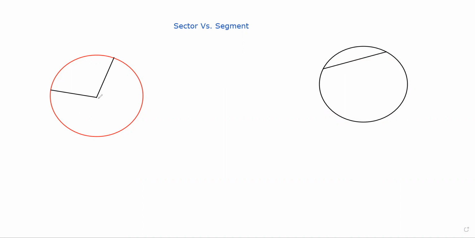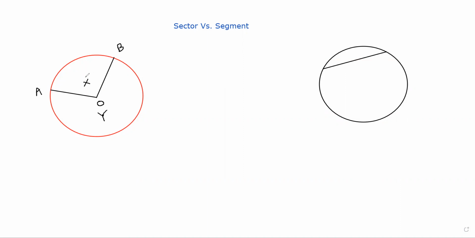Okay, guys, let's discuss the difference between a sector and a segment. If you look at this circle at the left of your screen, you see that there's the center O, here is A, and here it is B. So this is the region bounded by the radii and an arc. For example, if I call this the region X, and this is the region Y over here.